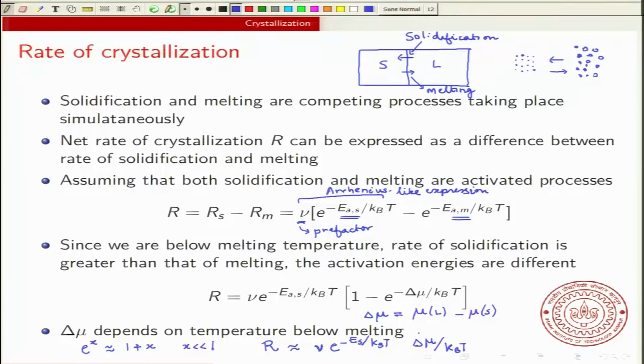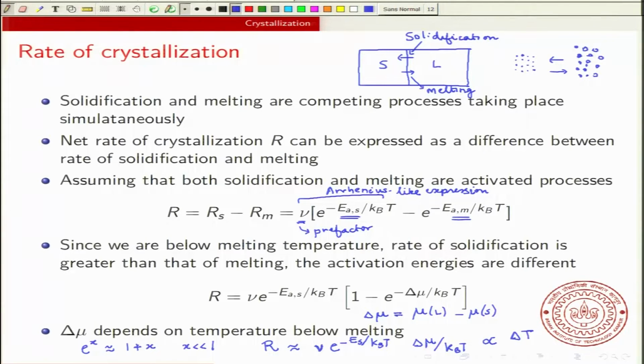Further, you can analyze this and show that this rate is actually proportional to delta T, again for small temperatures.